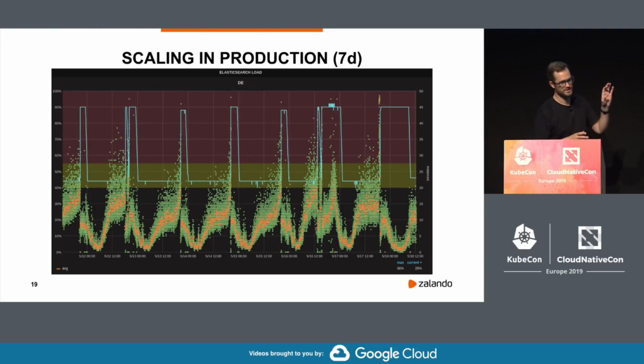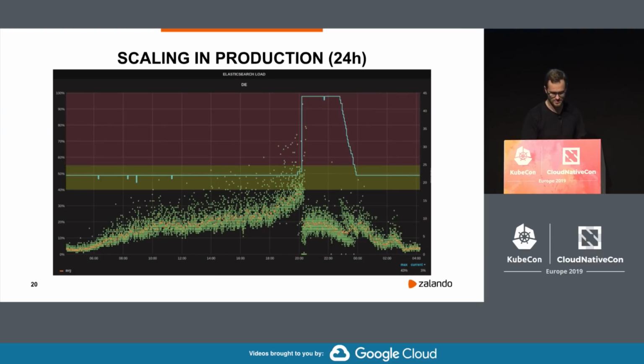So this is only showing DE, Germany, so only one of these Elasticsearch datasets, only a subset of the whole cluster, but it scales from 22 or so to 44 or 45. And the reason that it is so steep here, you can see when I zoom in. You can see the scale up. It looks for some time, okay, the CPU is over a certain threshold, and then it scales up by a lot.